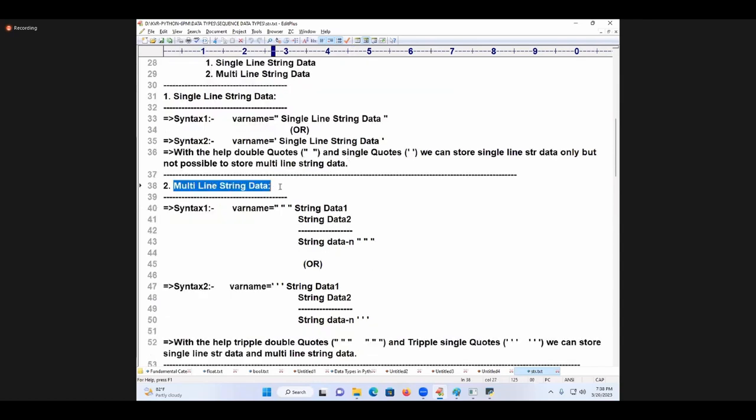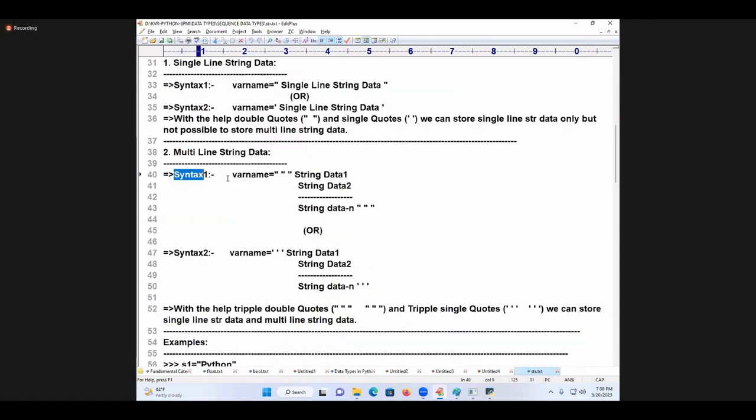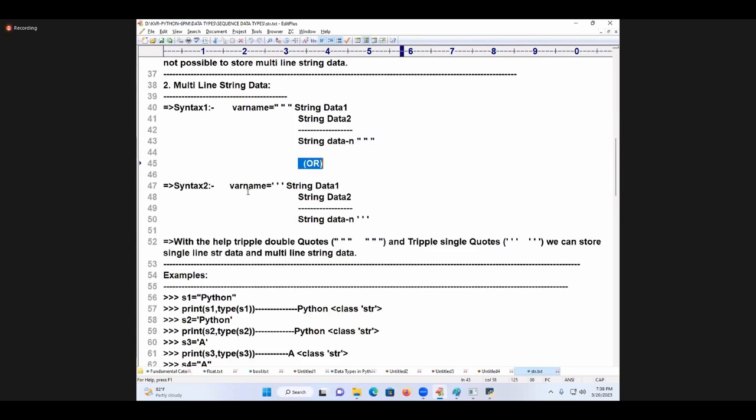Multi-line string data. Syntax 1: variable name is equal to triple double quotes, string data 1, string data 2, string data n, triple double quotes. Or variable name is equal to triple single quote, string data 1, string data 2, so on, string data n, end of it.